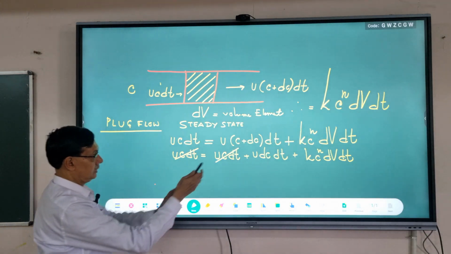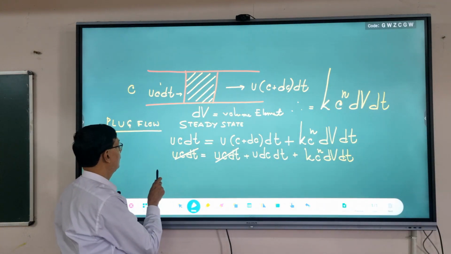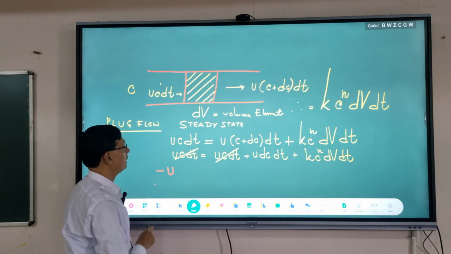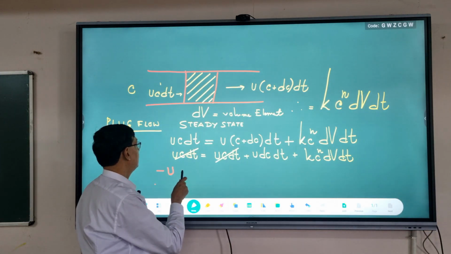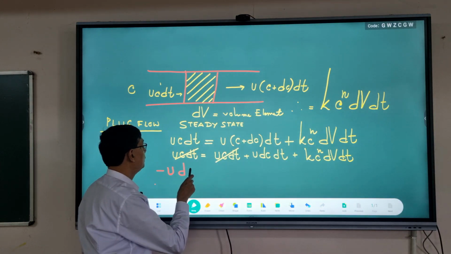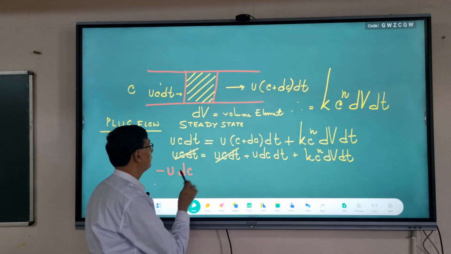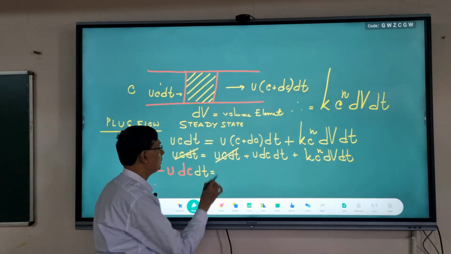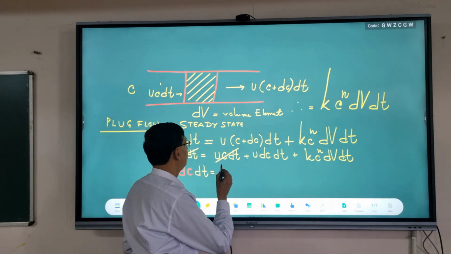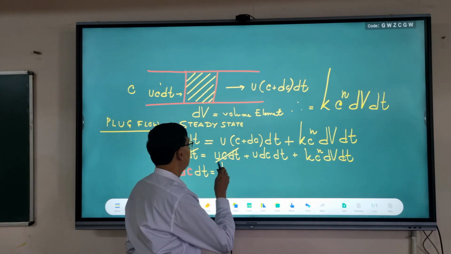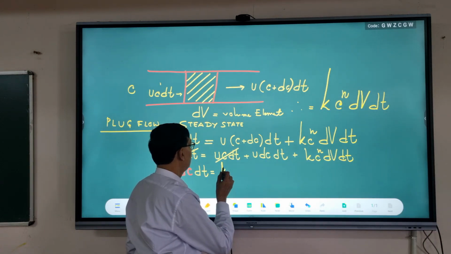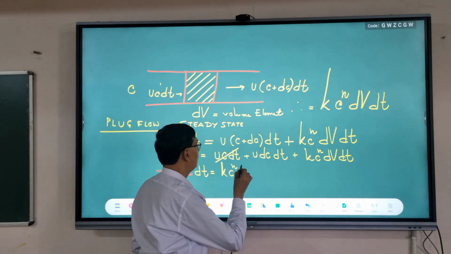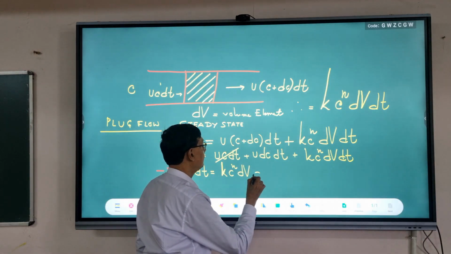What I can write, if I just rearrange this equation: minus u dC dt is equal to kC^n dV dt.